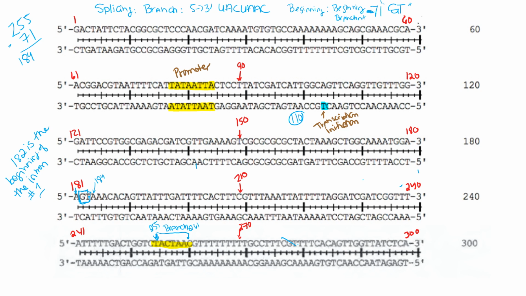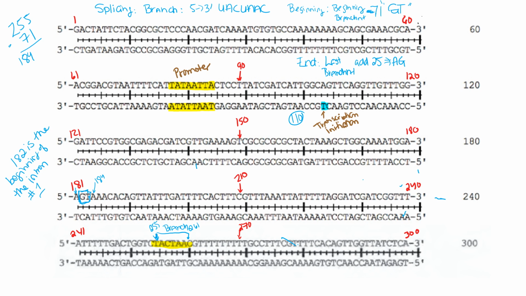So you might ask, Dr. Strong, you found the beginning, but where is the end? To find the end of the intron, we take the last branch nucleotide and add 25 to it. Once we get there, the pattern I'm looking for is AG.